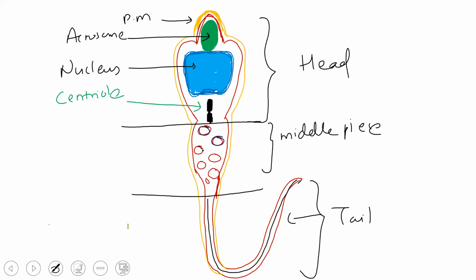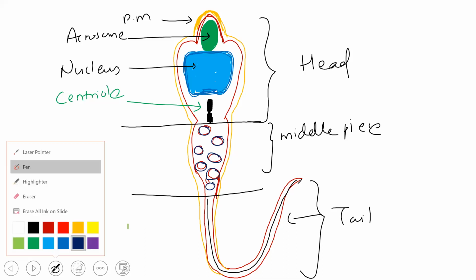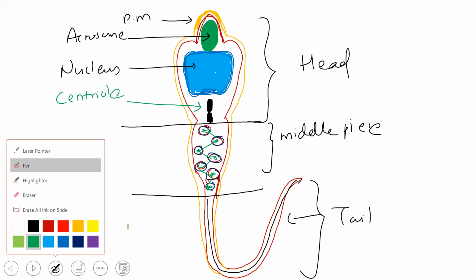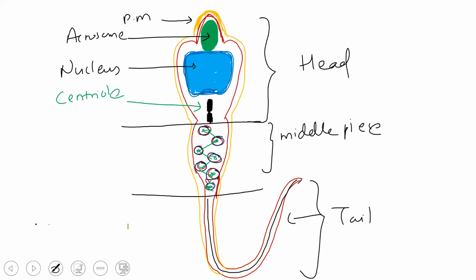These are all what we call mitochondria, arranged in this spiral position. They have a two-layered structure, as you know. So this is what we call the mitochondria.